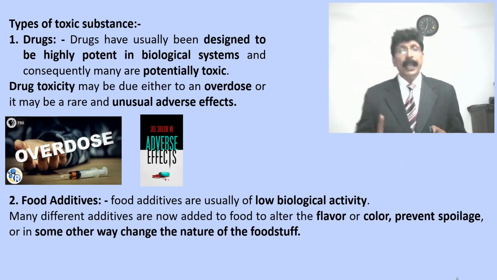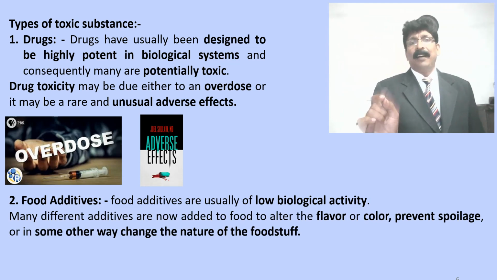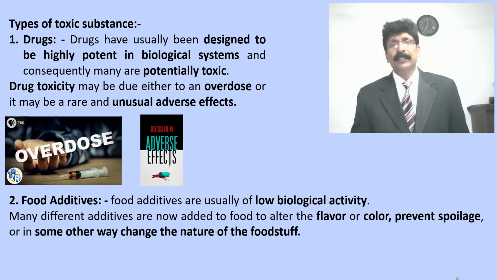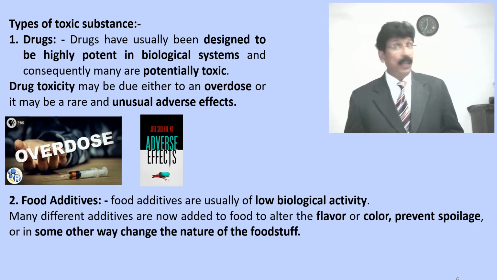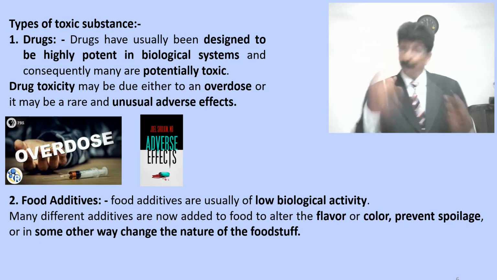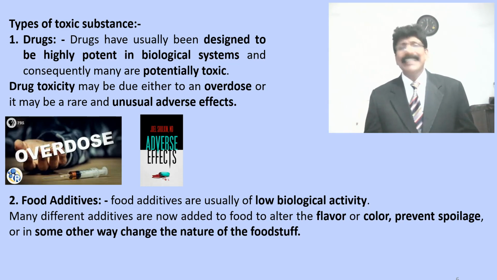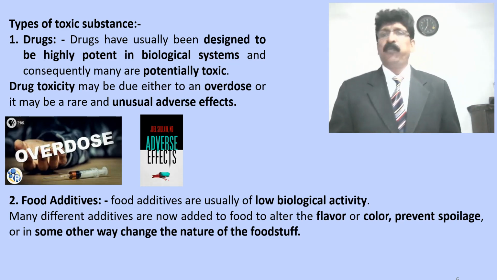Many different additives are now added to the food to alter the flavor, to alter the color, prevent the spoilage for storage conditions, or in some way change the nature of the foodstuff.